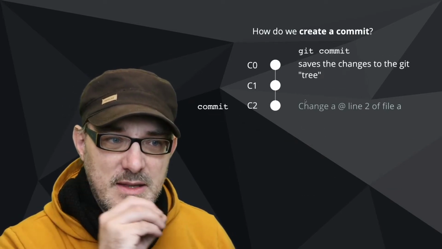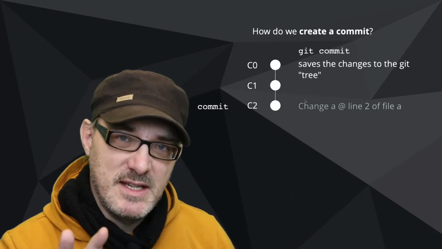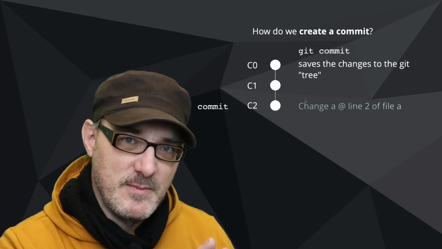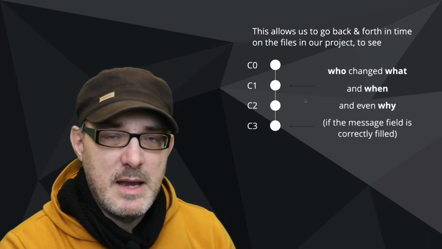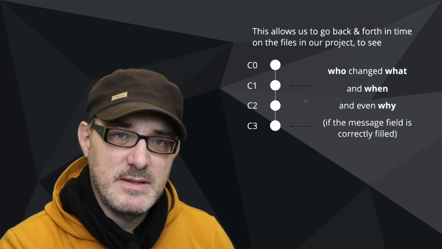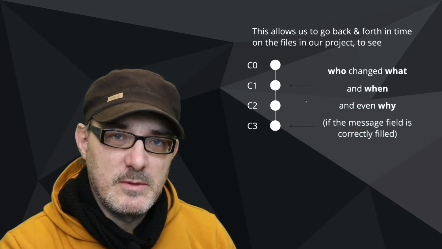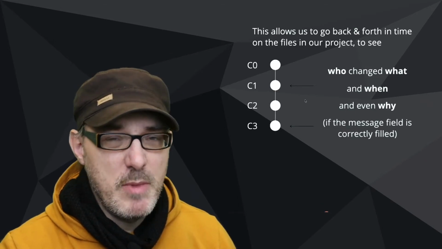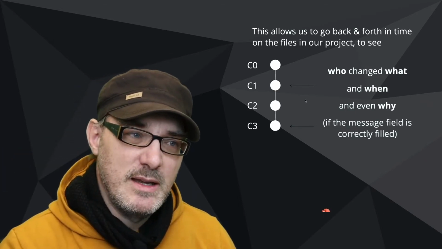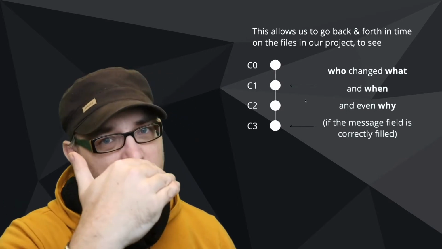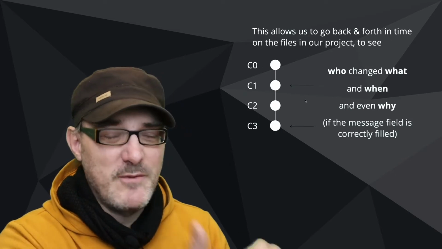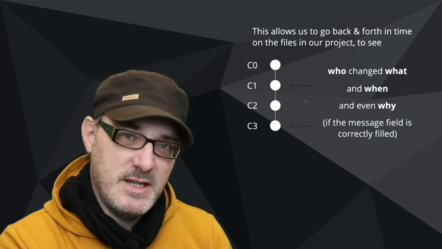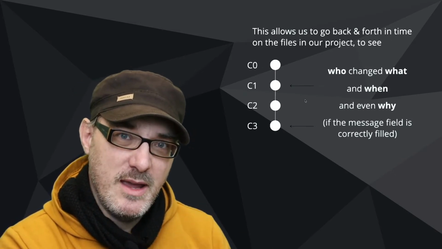And then we do git commit, and that saves the changes to the git tree. And this allows us, by doing this, to go back and forth between the different stages of the files in our project. So we can go back and forth in time and see who changed what, why, and when.